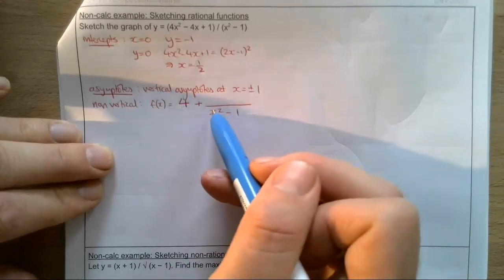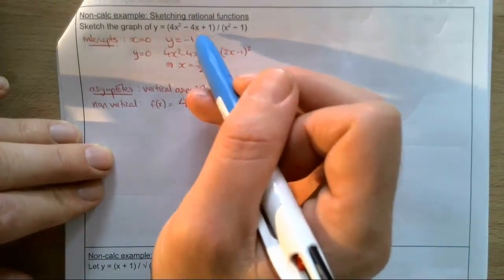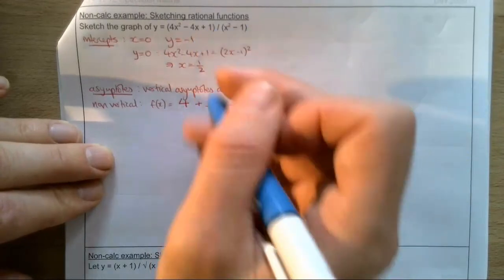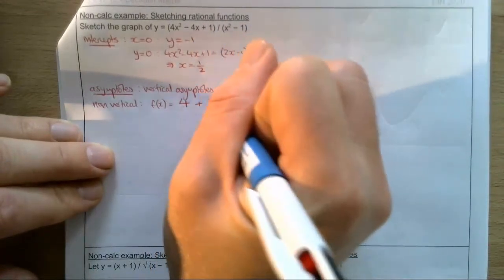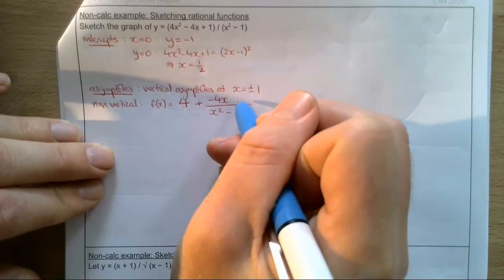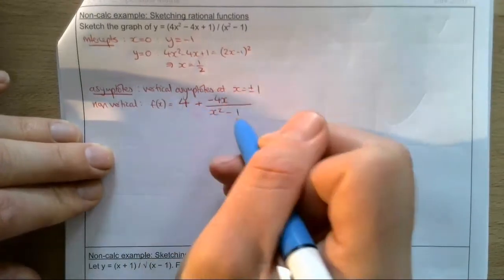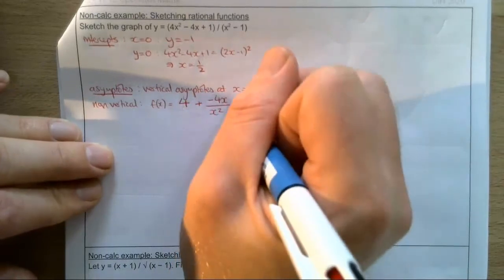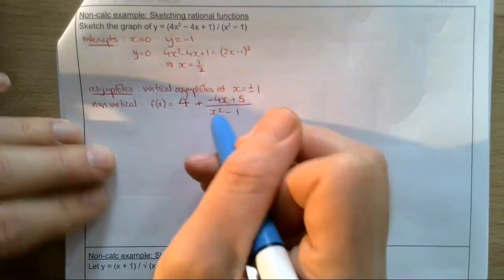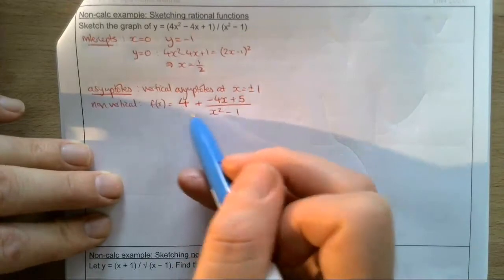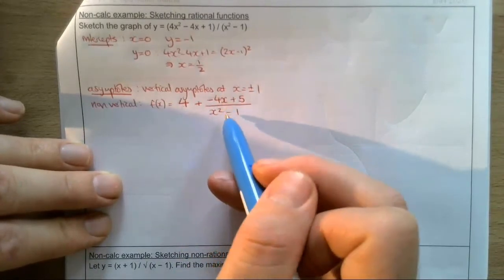But I don't want minus 4 on the numerator, I want minus 4x plus 1. So what I must have here is a minus 4x. I want it to be plus 1, but I'm actually going to have a minus 4 from multiplying the 4 by the minus 1 here, meaning that I need a plus 5. If you can follow what I just did there, that's my trick for doing this division.